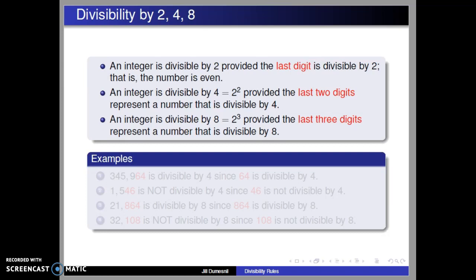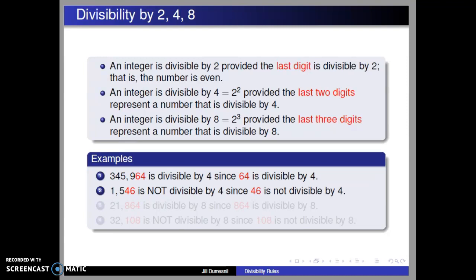Let's consider some examples to illustrate. The number 345,964 is divisible by 4 since 64 is divisible by 4. The number 1,546 is not divisible by 4 because the number represented by the last 2 digits, 46, is not divisible by 4.